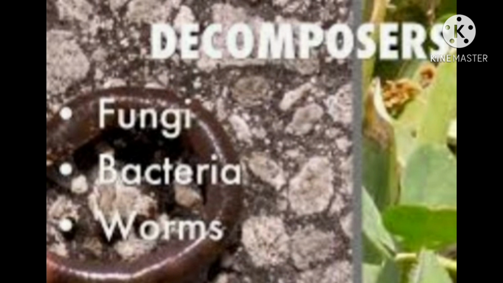These microorganisms are the decomposers as they break down the complex organic substances into simple inorganic substances that go into the soil and are used up once more by the plants.